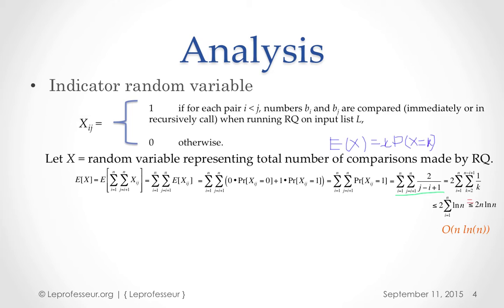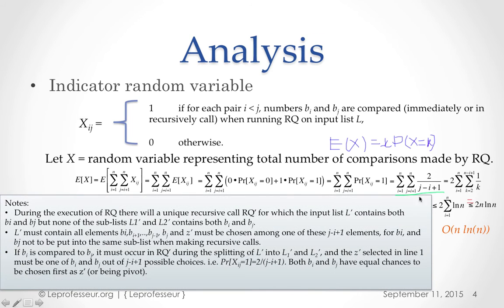Good. Okay, so now we go back to where this number comes from, 2 over j minus i plus 1. Let's see, during the execution of the recursive quicksort algorithm, there will be a unique recursive call RQS of L'. The tick here means that now you are recursively calling the algorithm and your input list is now different.